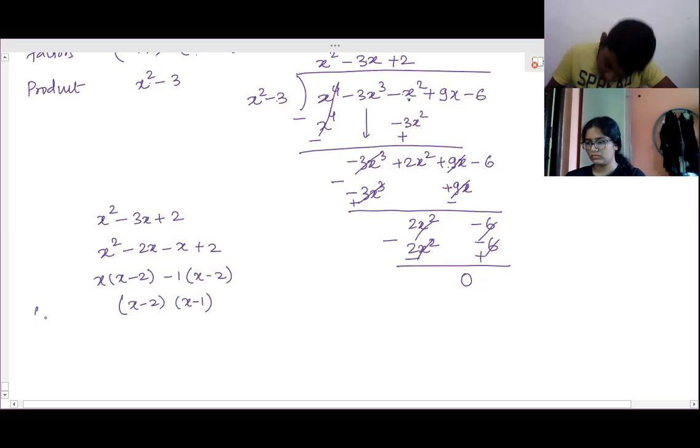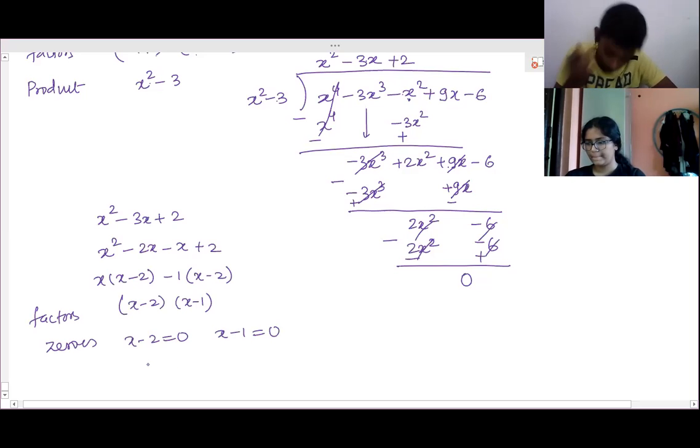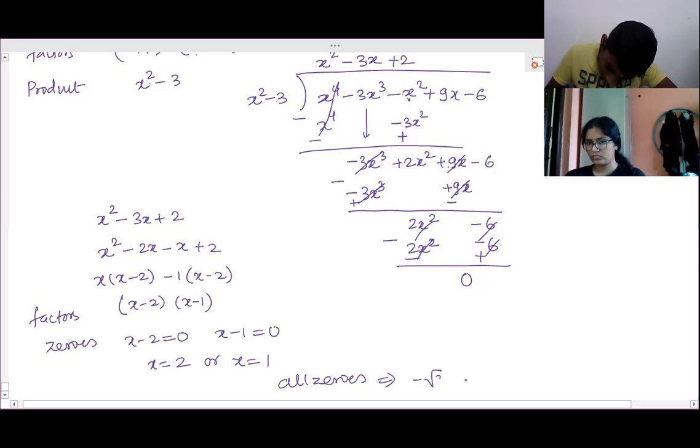These are the factors. And zeros are x minus 2 equal to 0, x minus 1 equal to 0. So the value of x is 2 or x is equal to 1. Then all zeros are minus root 3, plus root 3, 2 and 1.